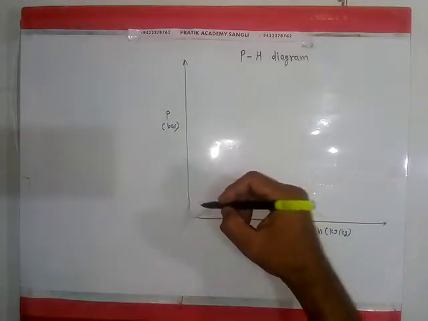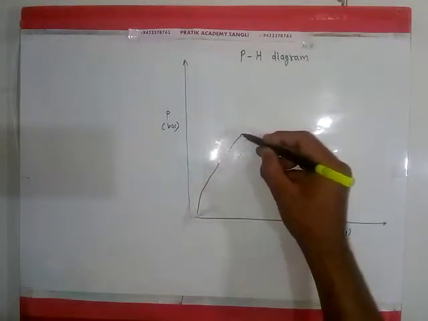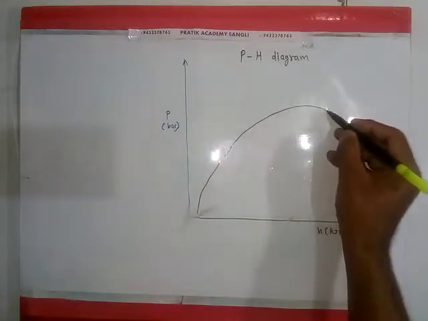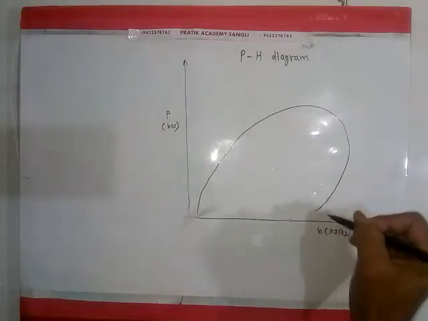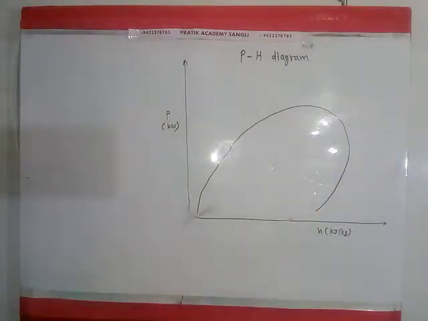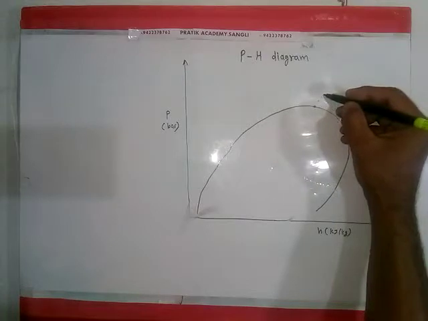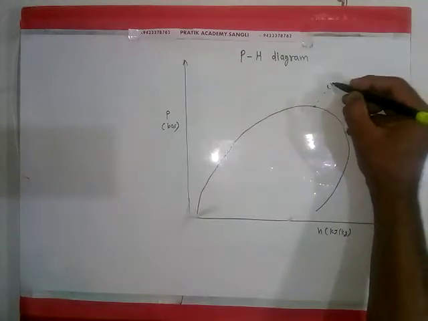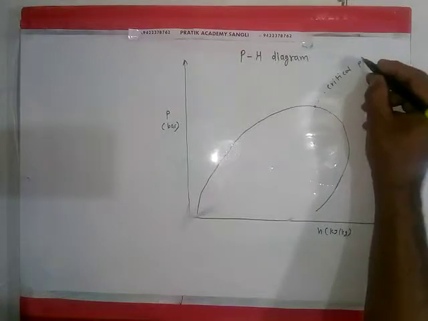Then the nature of the saturation curve or dome for the pH diagram is like this. The highest point on this saturation curve is called the critical point.